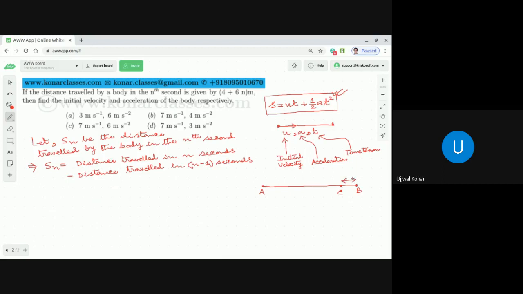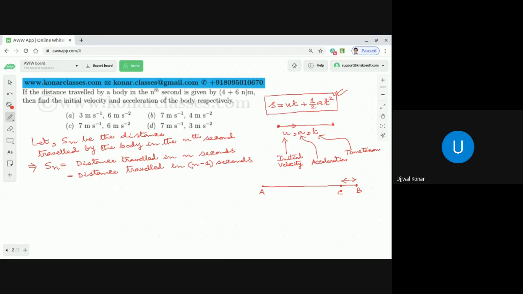Are you getting my point? Suppose AB is the distance. Yes, sir. AB is the distance traversed in n seconds. It took n seconds to traverse the distance AB, and it took n minus 1 seconds to traverse the distance AC.